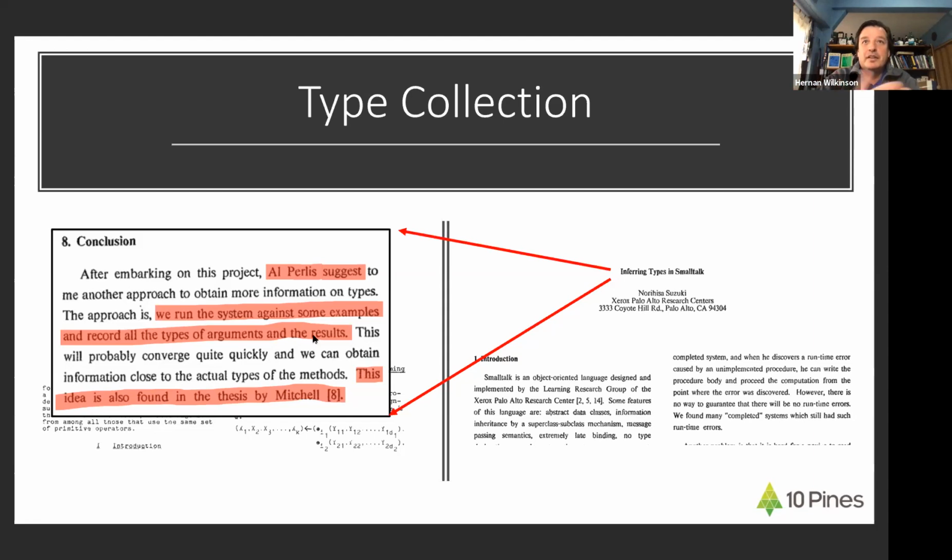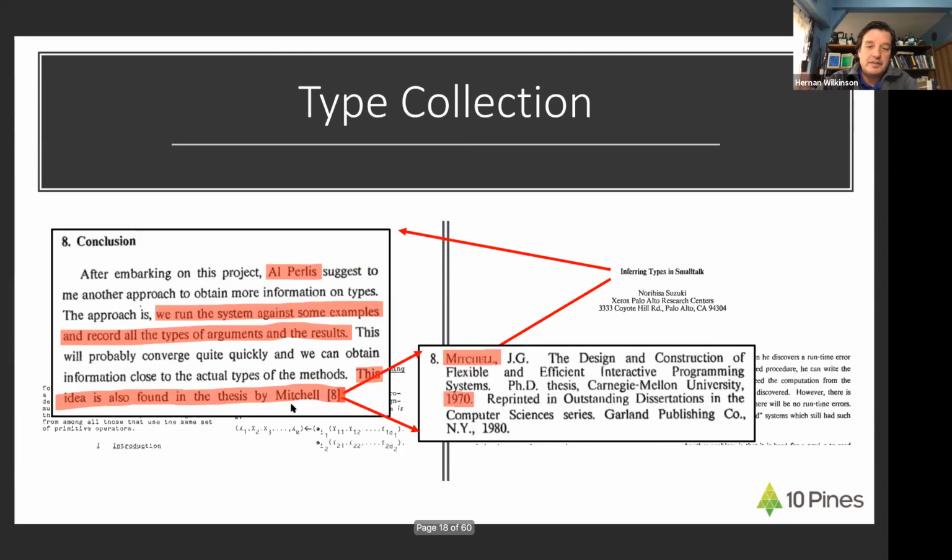So this is basically what we do with LiveTyping, but Al Perley suggested that a long time ago. And even worse, as we can see here, this idea has also been found in the thesis by Mitchell, but sadly I could not get that thesis, so I'm not sure what he talks about. But what I'm trying to show is that it's not a new idea.